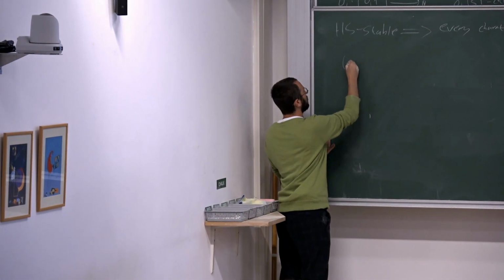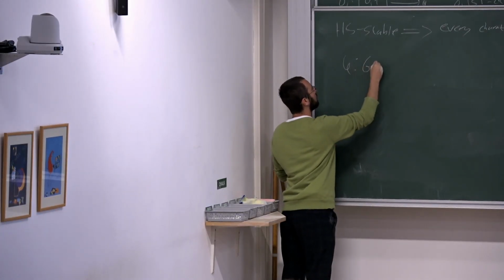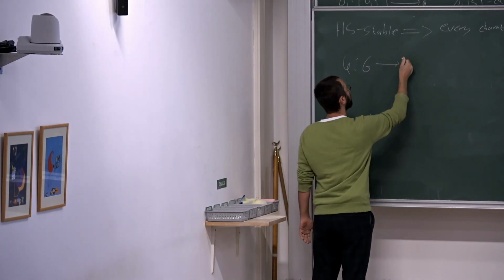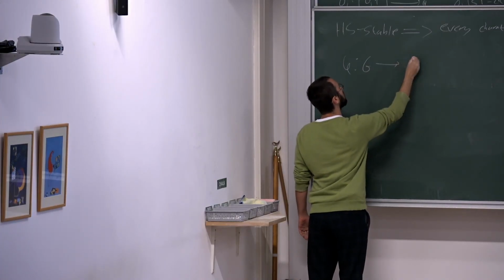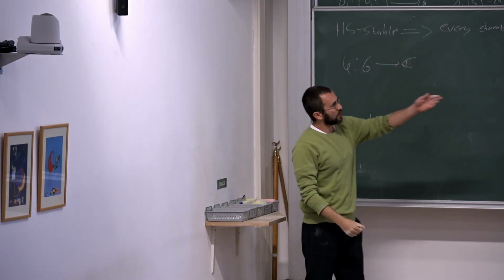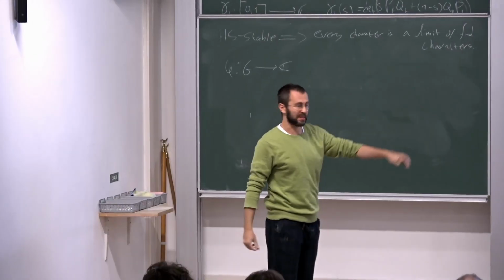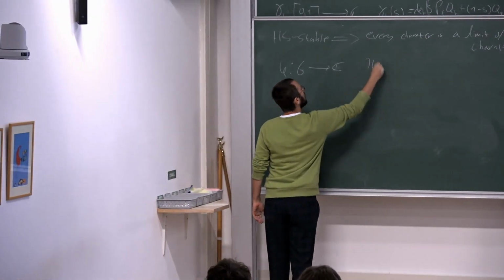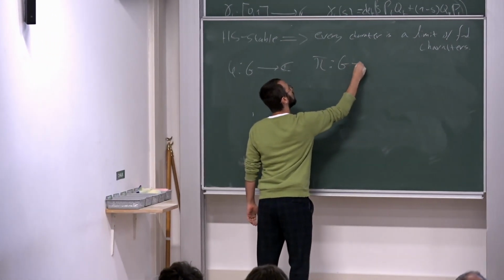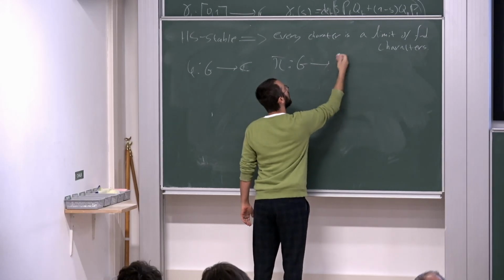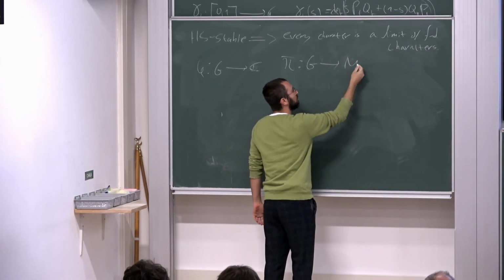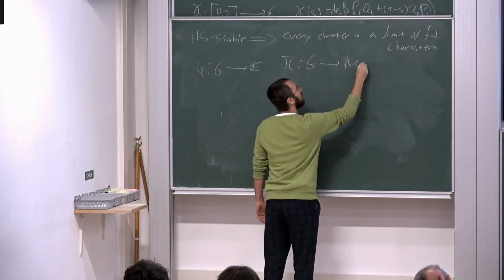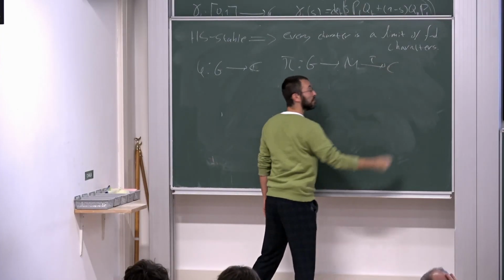So you start with a character, phi, and this character, by definition, comes from a representation pi into some von Neumann algebra, M, and there's a trace here.